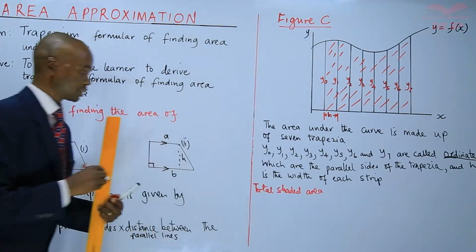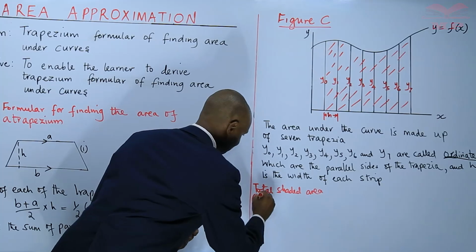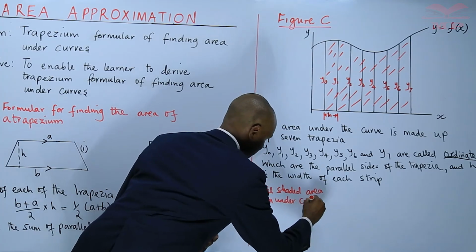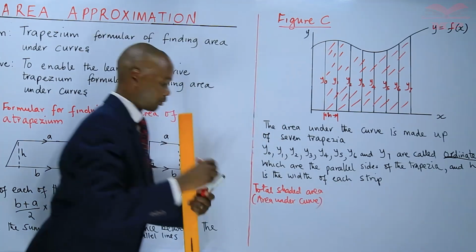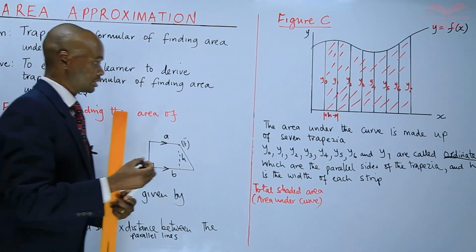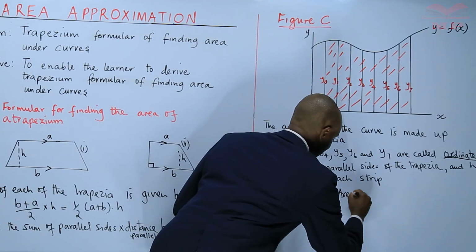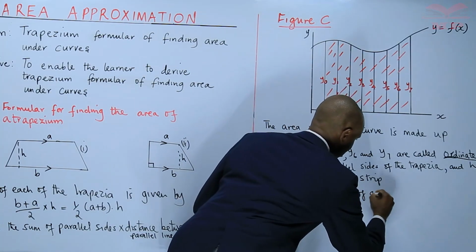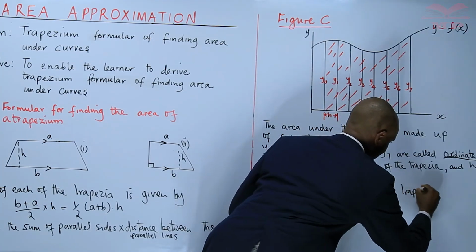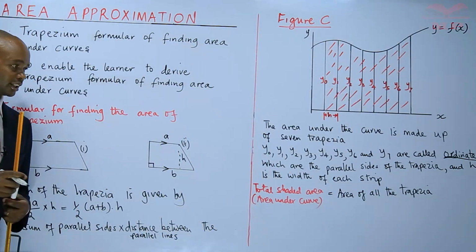We want to find the total shaded area, or area under the curve, which is equal to the area of all the trapezia.